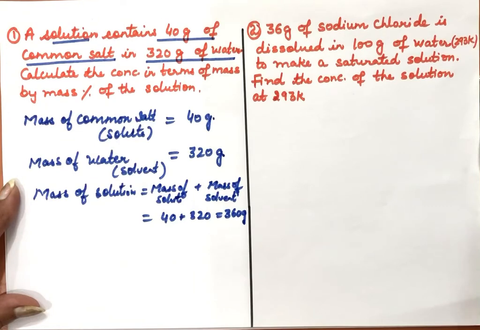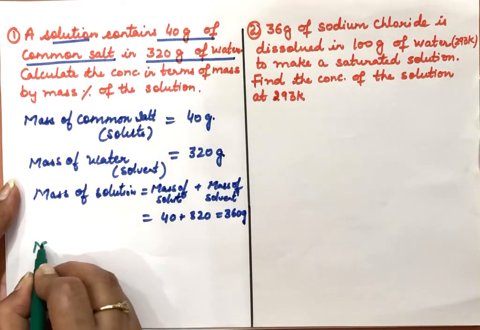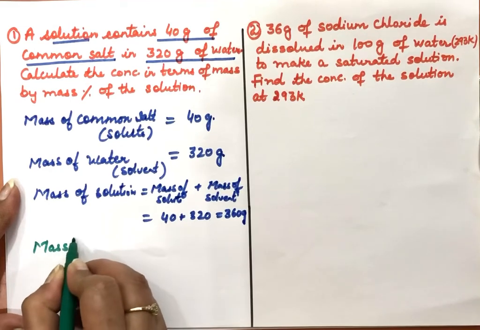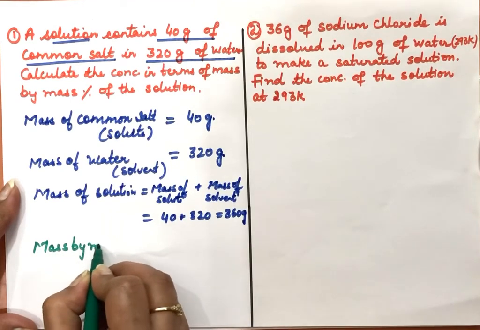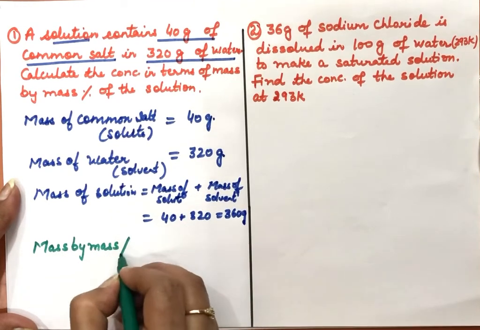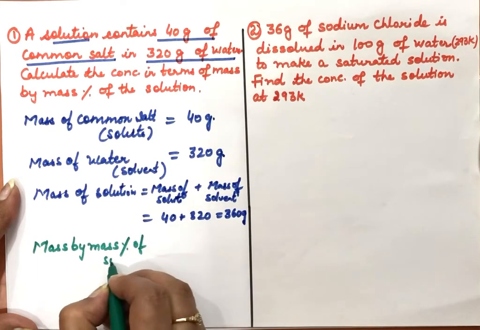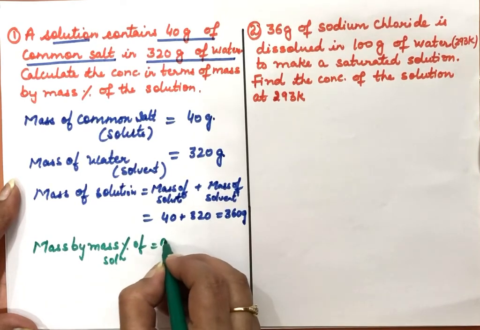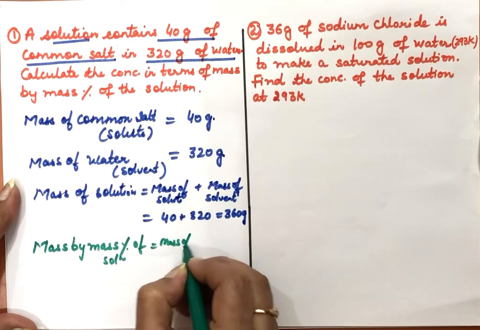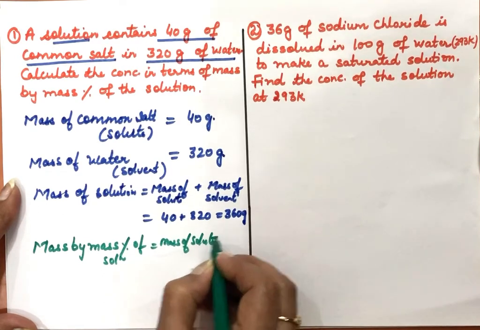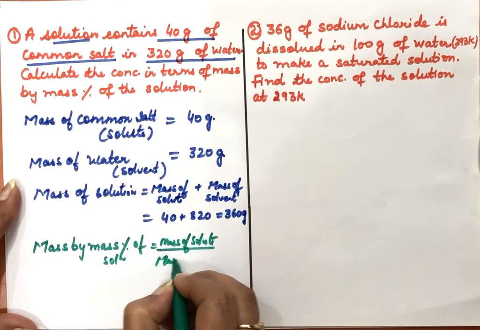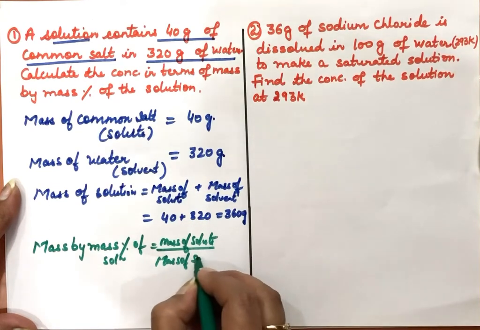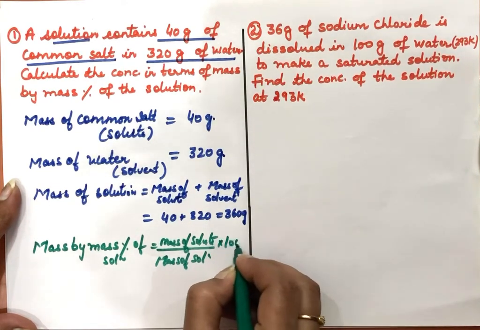Then we have to write the formula. Whenever we are doing any numerical, we have to write the formula that we are using to solve this numerical. So mass by mass percentage of solution we have to calculate, which is equal to mass of solute upon mass of solution into 100.